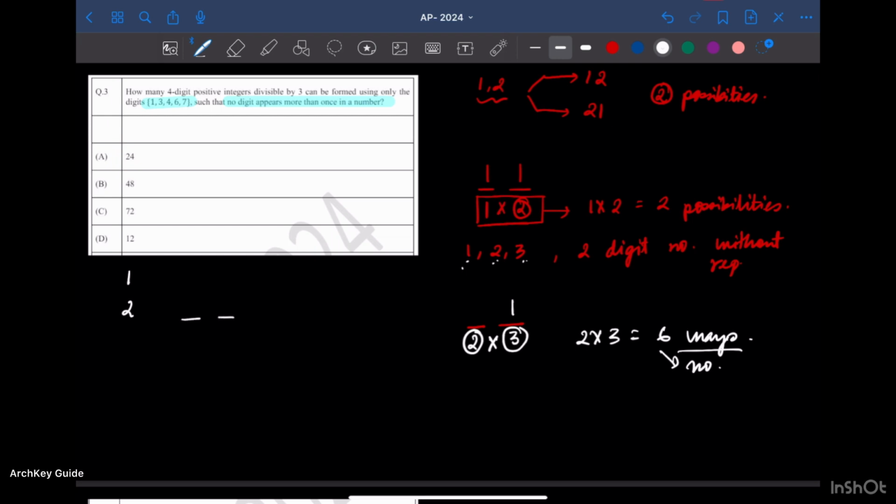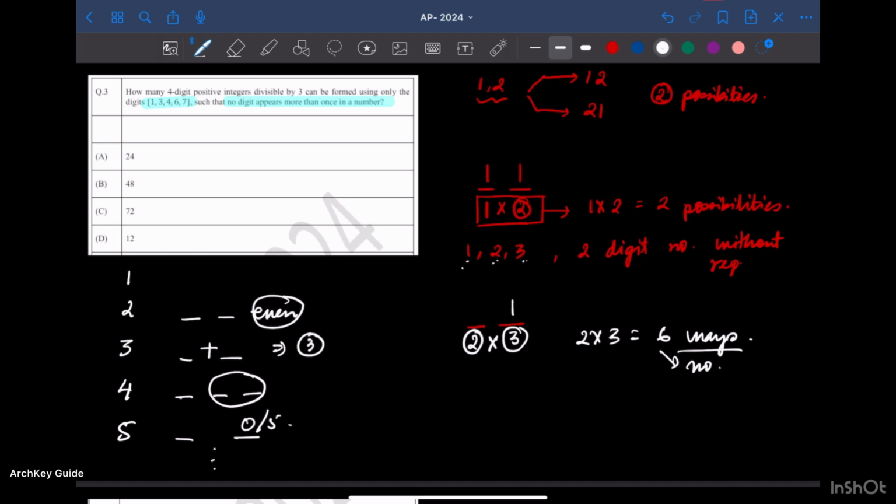When is a number divisible by 3? When all the digits sum up to a number that is divisible by 3. Similarly, for 4, the last two digits have to be divisible by 4. For 5, the end digit is either 0 or 5. And so on and so forth.